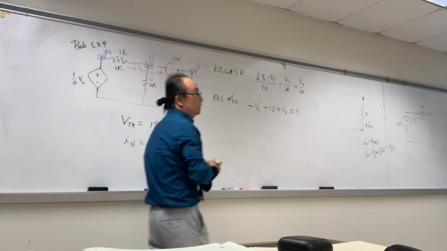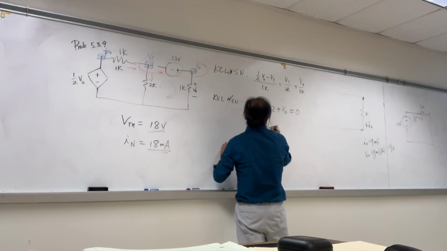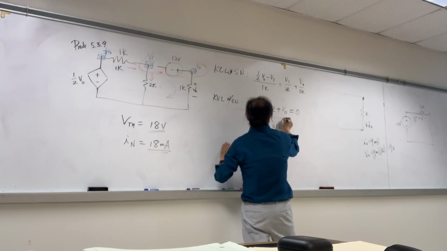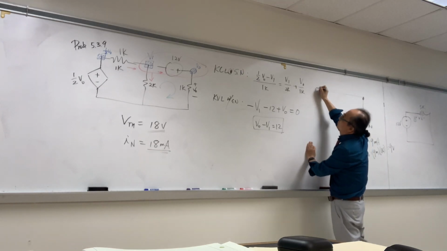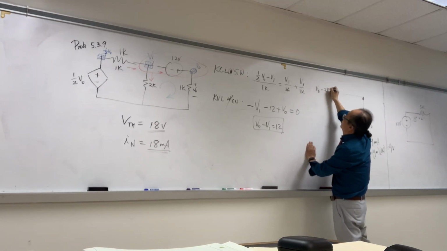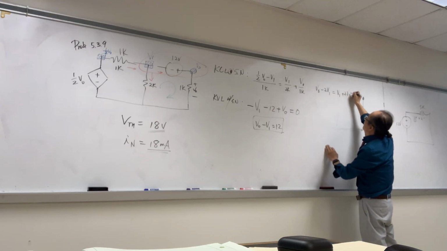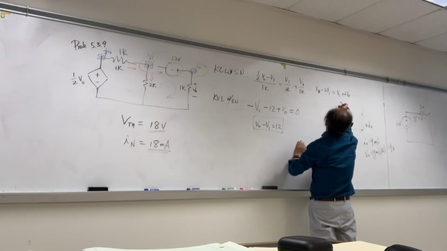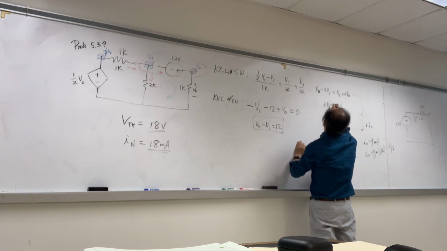Now, it is two equations and two unknowns. We have V naught minus V1 equals 12, one equation. And this equation, we multiply everywhere by 2. So 2 V naught minus 2 V1 equals V1 plus 2 V naught. I'm going to move this over, 3V1, move it over, 3 V naught.